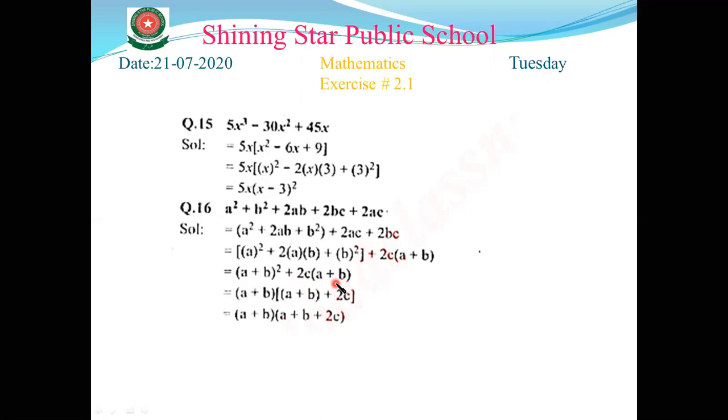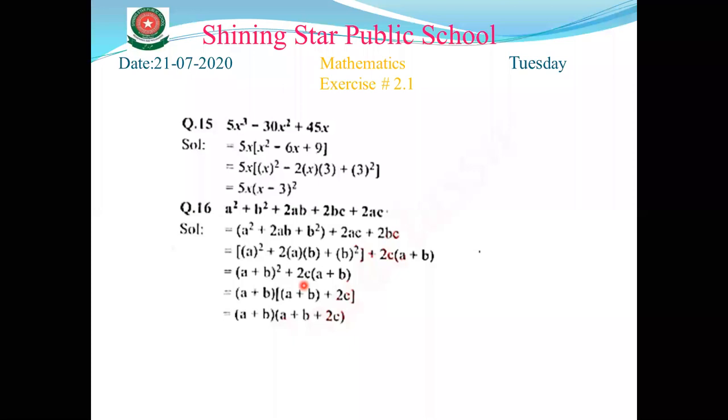We know that here we have (a plus b) whole square and here we have a plus b. So it means we can take common a plus b, because in these terms we have a plus b and in the first term we also have a plus b. So a plus b is common.